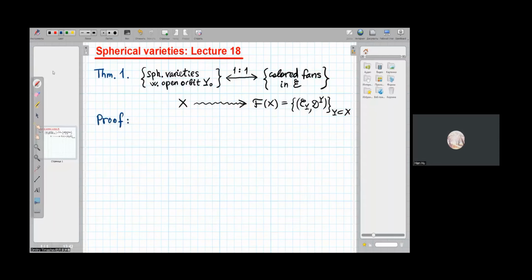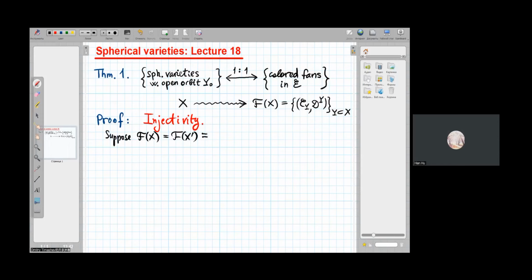Let's first prove the injectivity of the correspondence. So suppose we have two spherical varieties, say X and X prime, with one and the same colored fan. F of X coincides with F of X prime.